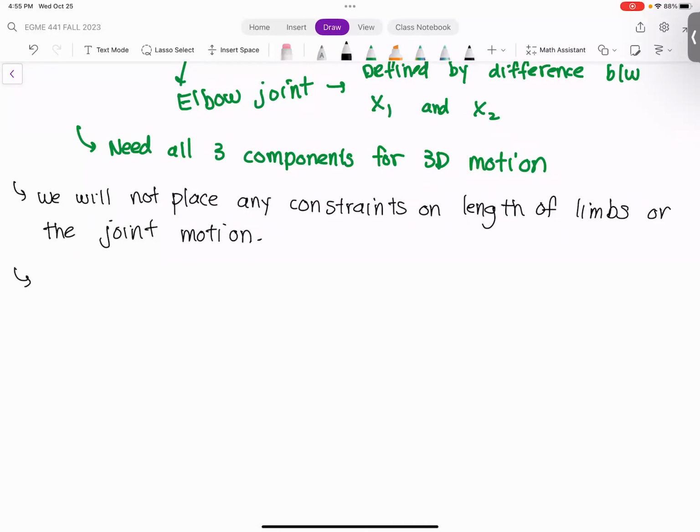The next point I want to make is that when we define these coordinate systems, technically speaking, we want to attach those systems onto the underlying bones inside that body segment.